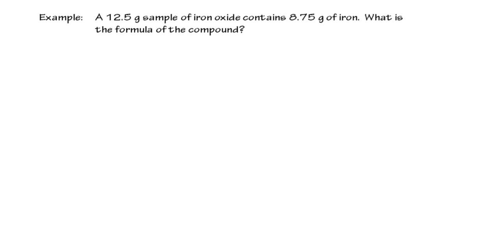So we can get the individual masses of each element. And it's coming right out and telling me that there are 8.75 grams of iron. The rest of that 12.5 gram sample is the oxygen. 3.75 grams of oxygen.